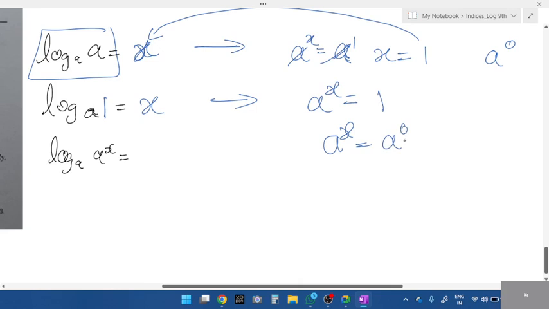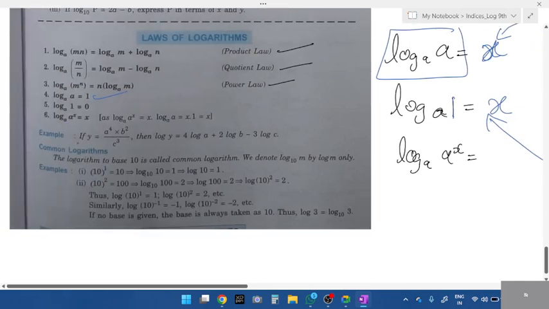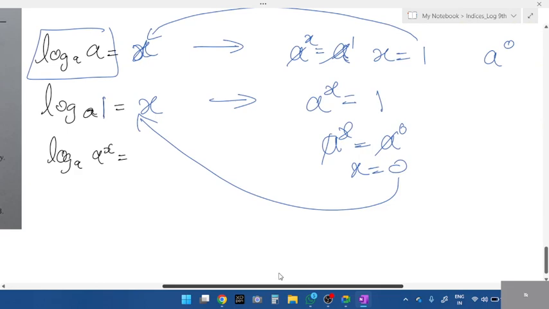Which one gets cancelled? A gets cancelled. What is the value of x? Check the answer. Is it correct? So memorize this, students. I want you to memorize the 4th and 5th. If you don't want to memorize, write and practice. Write it like this, exponents, and remember. Is it clear?